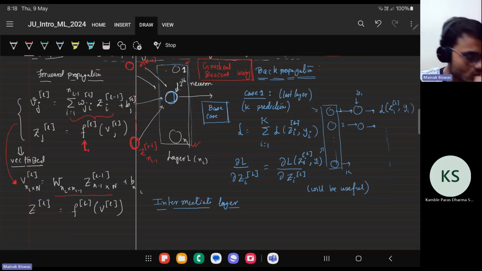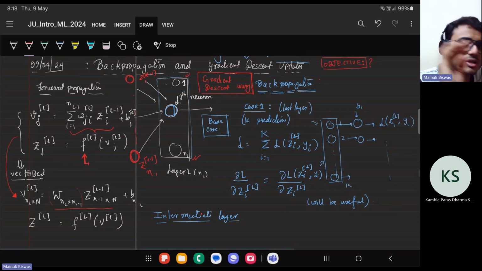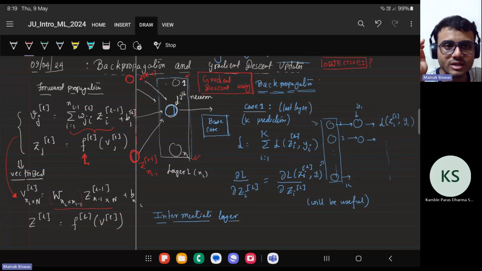Here Wz transforms our N_{L-1} dimensional feature to an N_L dimensional feature. This is nothing but a linear transformation using all the features in the previous layer. Then you pass it through an activation function f, and you get the output of this layer. So this was the recap of what we had done in the previous class.